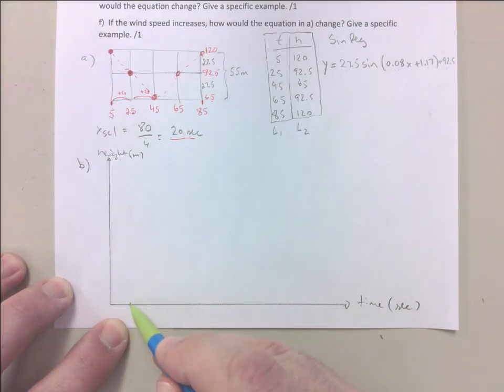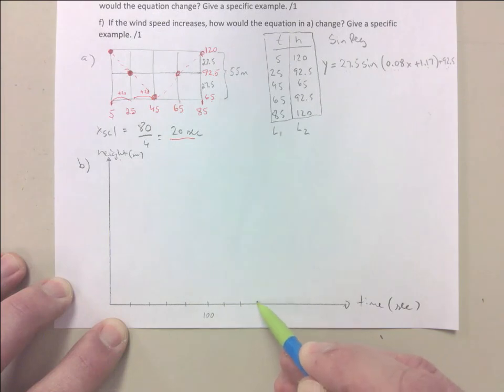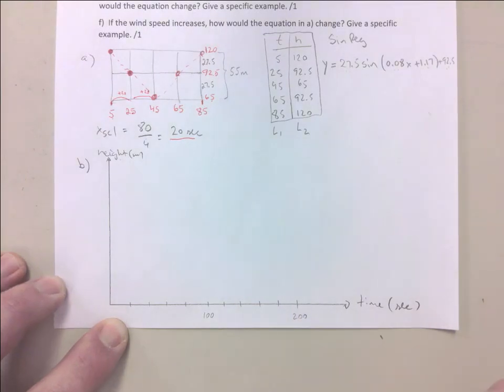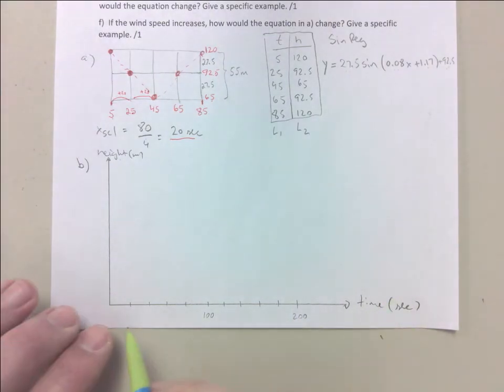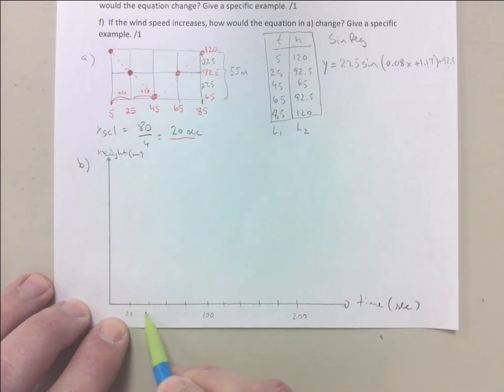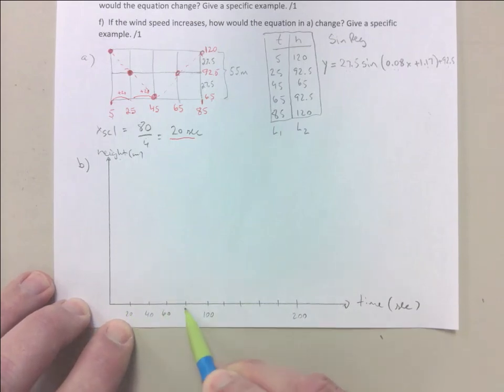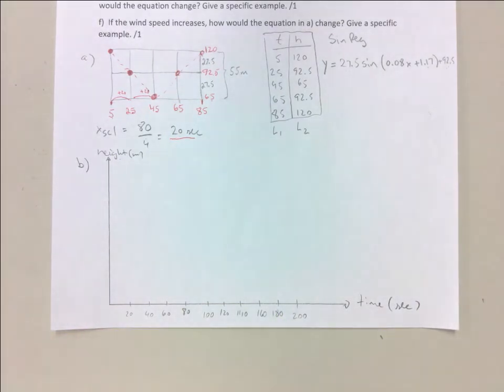So I'm going to go 20, 40, 60, 80, 100, 120, 140, 160, 180, 200. That is going to be the safest. And if you need to label every single one, you go for it. You don't have to label every single one, but if that means you can find your points a little easier, then make sure you label the bottom, right?